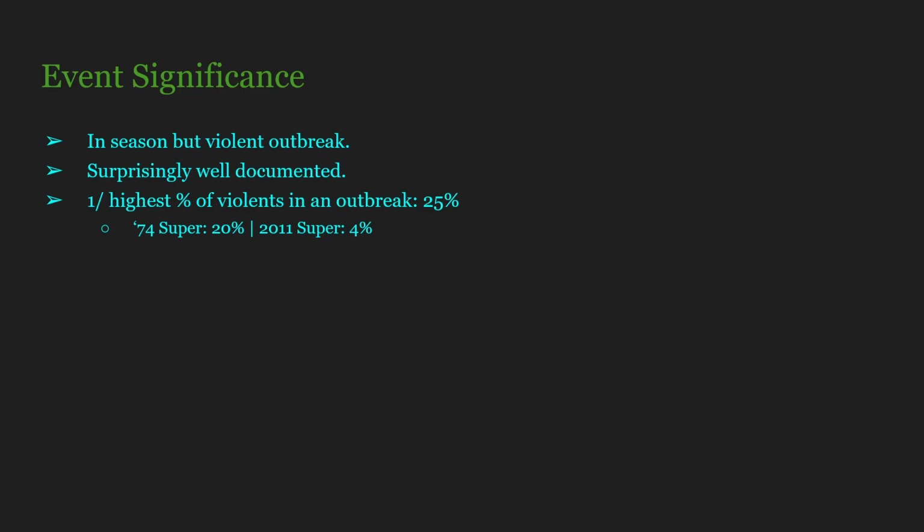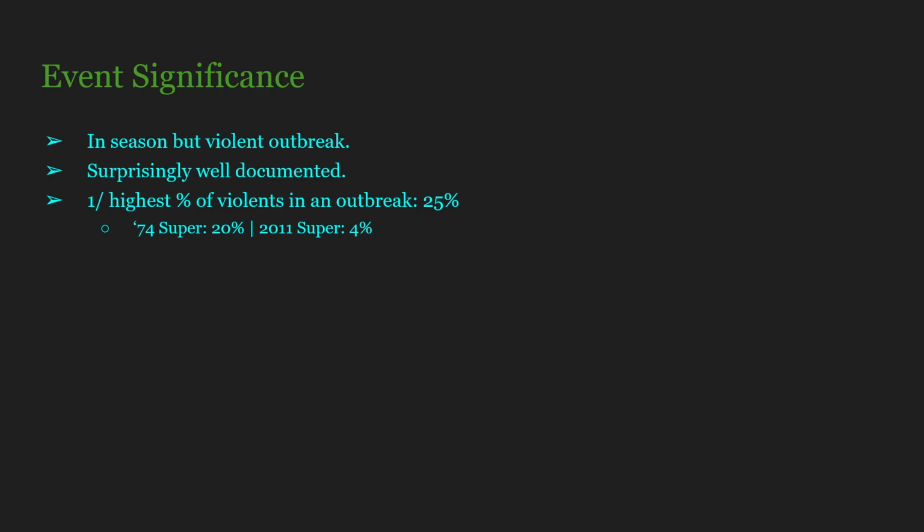Let's compare this to the super outbreaks. Kind of an unfair comparison. There's a lot more tornadoes with these, but I digress. I still did it anyway. With the 74 super outbreak, out of 148 tornadoes, 30 of them were violent. That is a percentage of 20%.